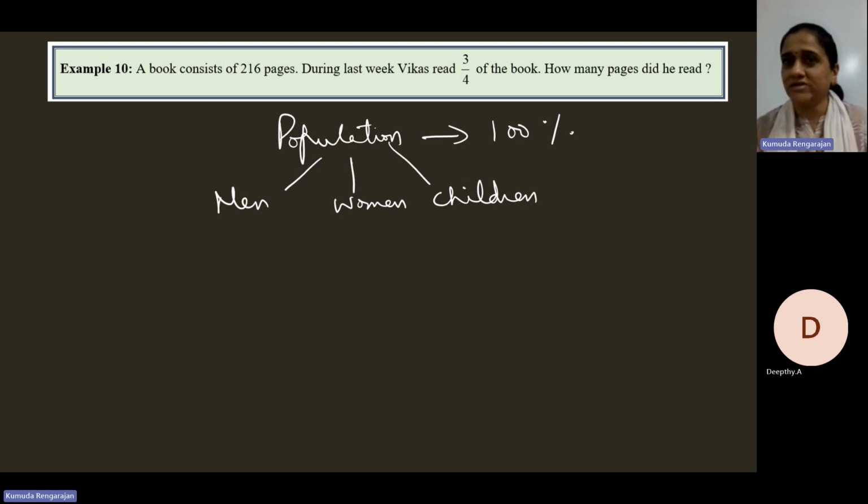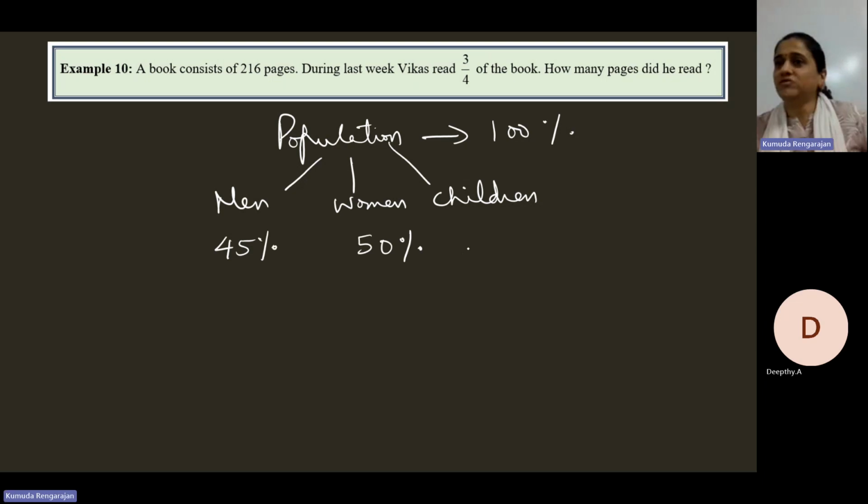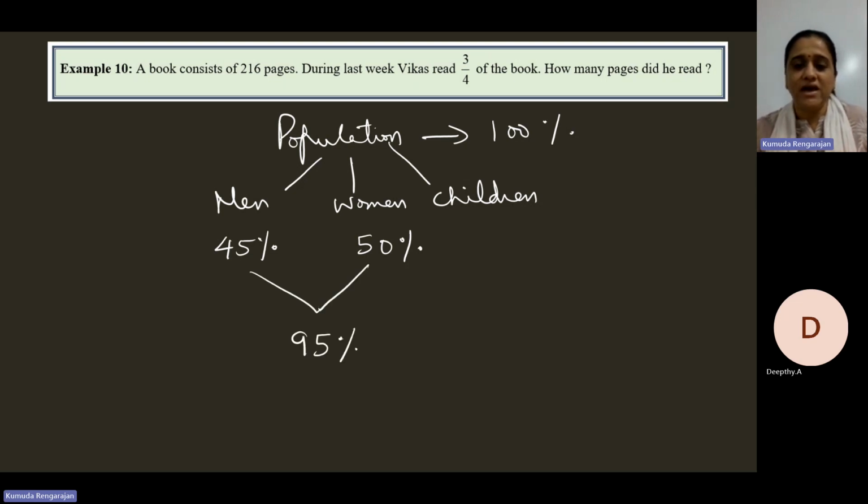The total population comprises population of men, women, and children. So if population of men is 45% and the population of women is 50%, what is the population of children? Yeah, because the total of this is 95% and 100 minus 95, 5% of the population are children.